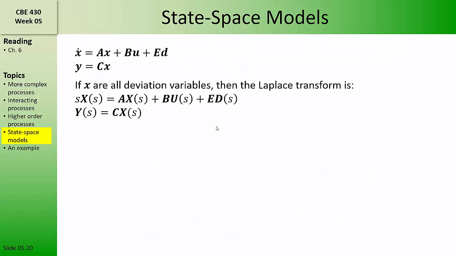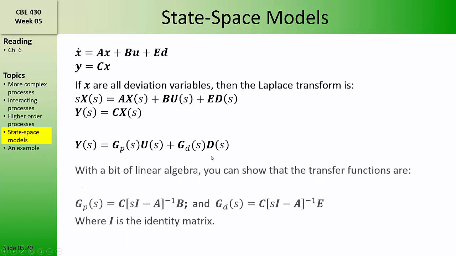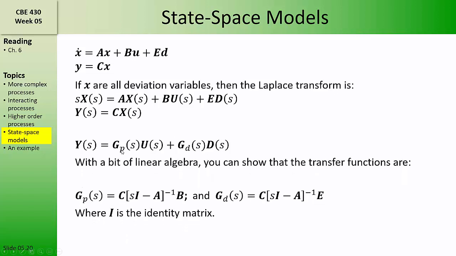Then the Laplace transform of a state space model written like this is an algebraic expression, and the output y is related to the inputs u, the manipulated variables, and d, the disturbance variables, with two transfer function matrices, G_p for the manipulated variables and G_d for the disturbance variables. The transfer functions contained in the matrices G_p and G_d can be derived from the coefficient matrices using a little bit of linear algebra. Here, the capital I is the identity matrix.